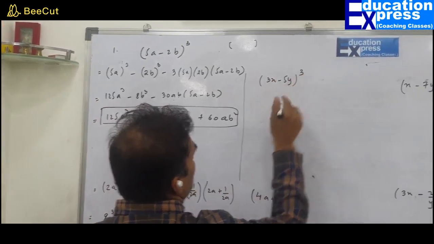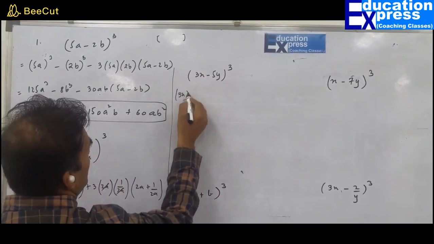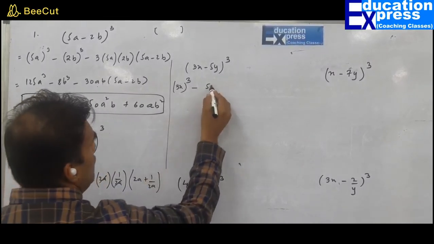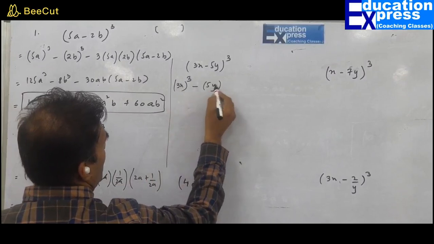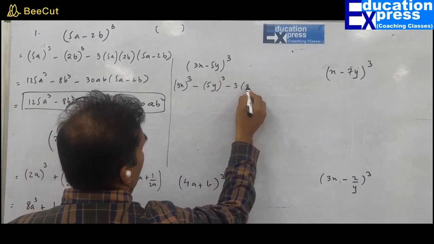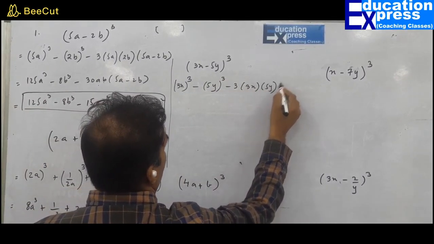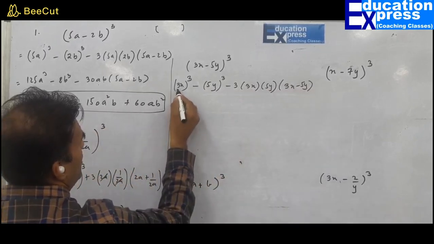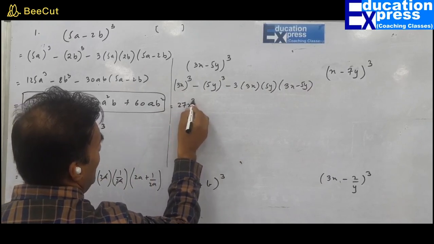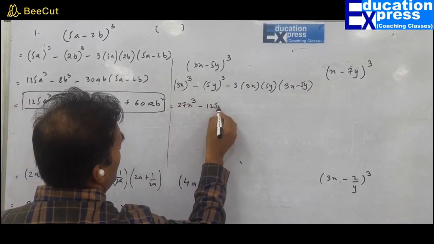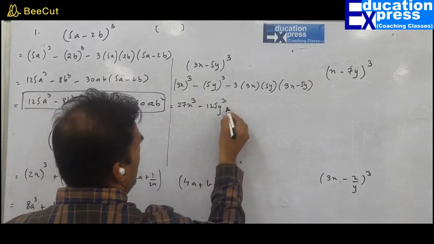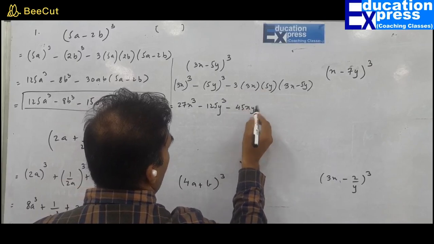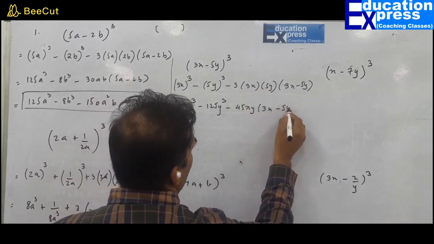a minus b the whole cube would be a cube minus, I hope you remember, a cube minus, same thing we have done over here, b cube minus 3a minus b. So if you further solve it, 3 3s are 9, 3s are 27, x cube minus 125 y cube minus 3 3s are 9, 9 5s are 45 xy, 3x minus 5y.